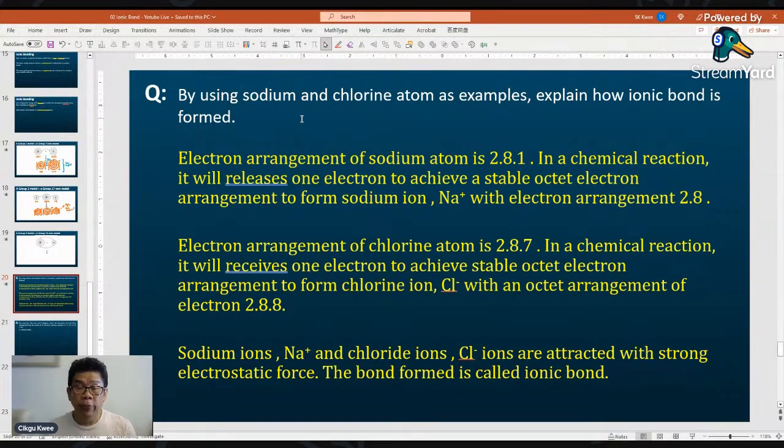The very first thing is you must tell that the electron arrangements of sodium and chlorine are not stable. The electron arrangement of the sodium atom is 2,8,1.